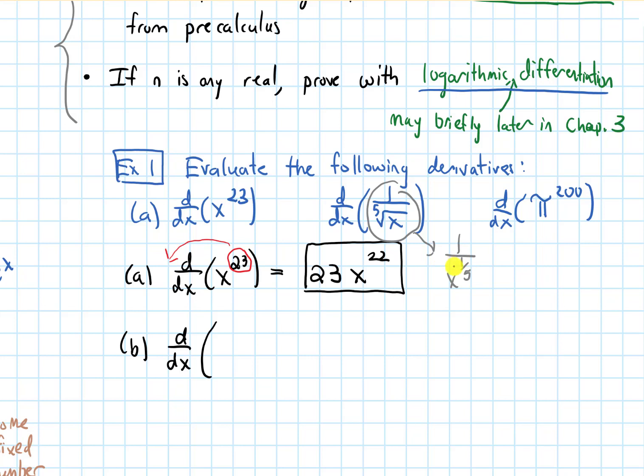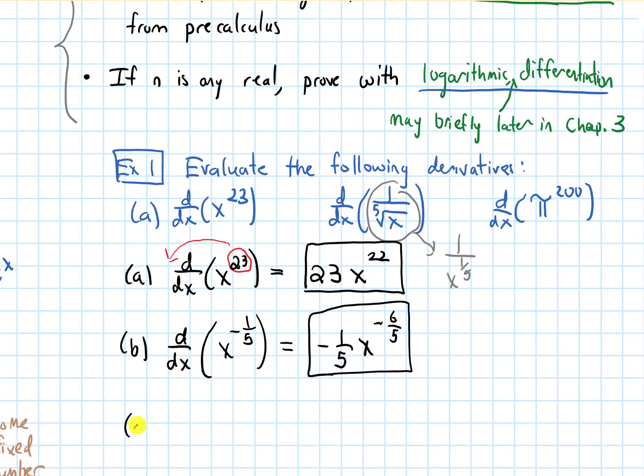And now let's bring the x term to the top, and that'll give me x to the negative 1/5. I have to have x to a power where that power is just some constant to be able to use the power rule. Because now I bring the power to the front, negative 1/5, I bring it down, and then I get x to this power minus 1. That'll give me negative 6/5. And that's my derivative.